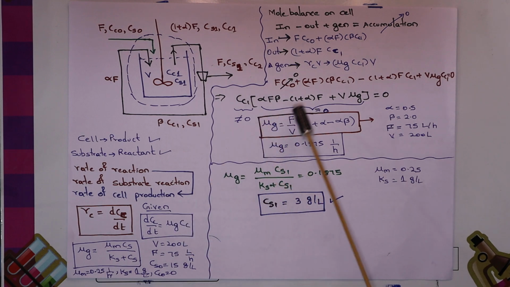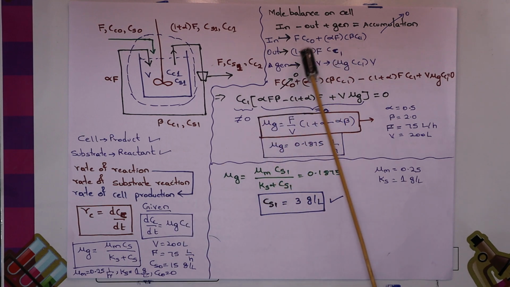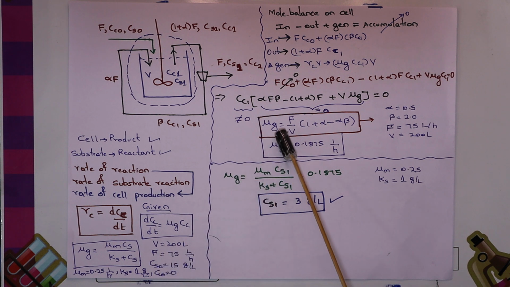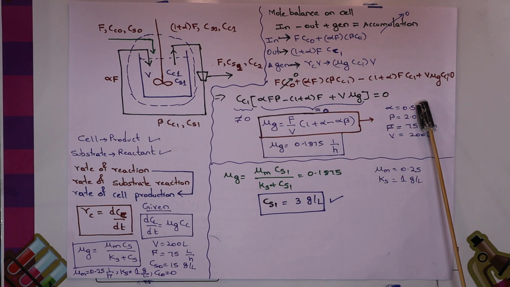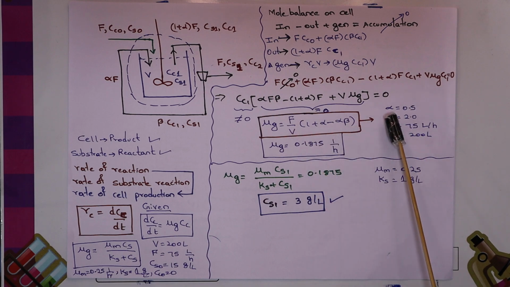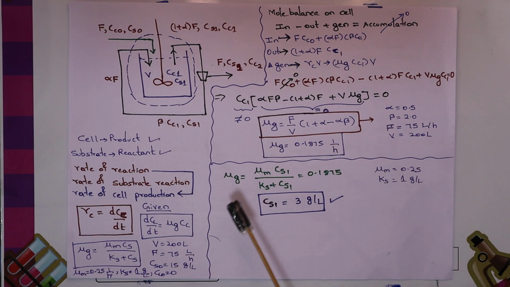If you apply all these things in the mole balance, finally you get an expression: mu g is F by V times (1 plus alpha minus alpha times beta). I know F, I know V, I know alpha and beta. Everything is given. If I put these in the expression, I get mu g equal to 0.1875. Mu g is mu m into Cs1 by Ks plus Cs1.